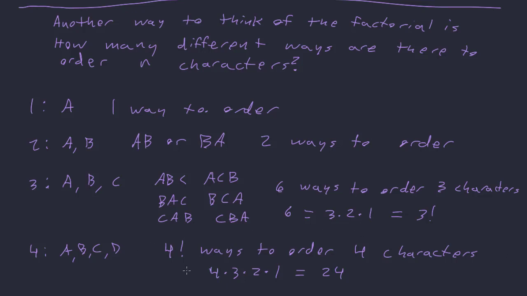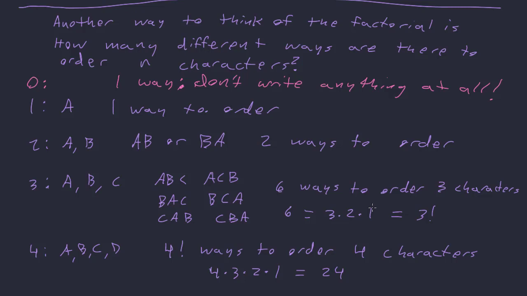Now, here's where we get to 0 factorial, and why 0 factorial is 1. How many ways are there to order 0 characters? Well, there's one way. Not write anything at all. It's not 0 because that's not correct.